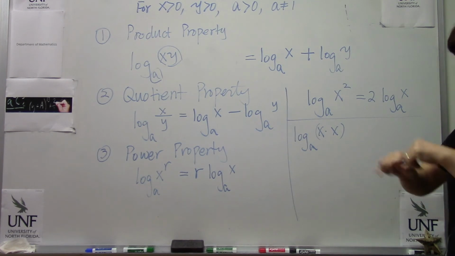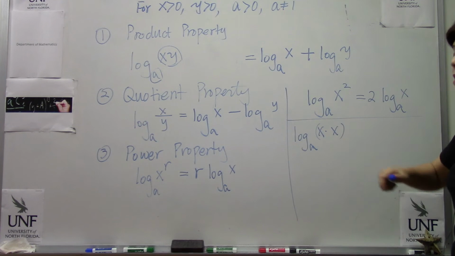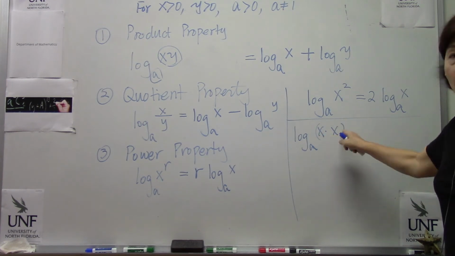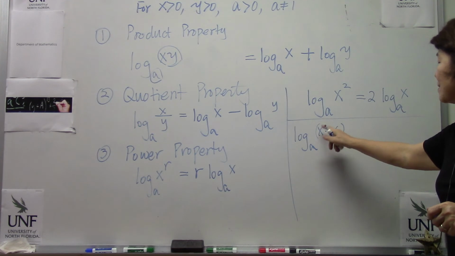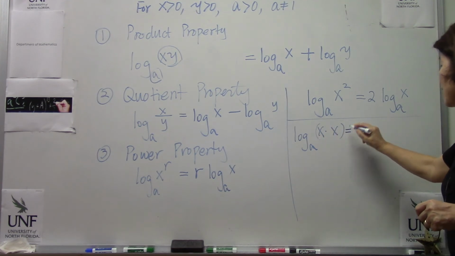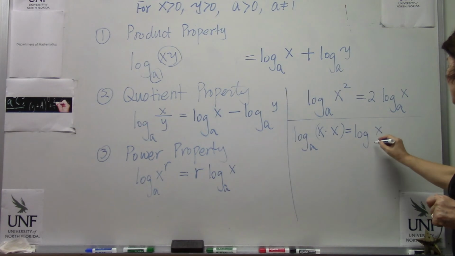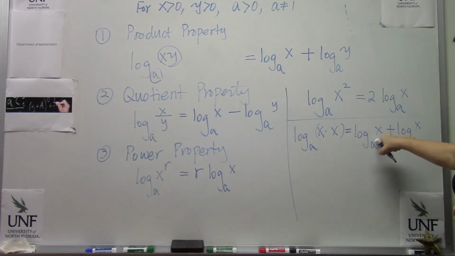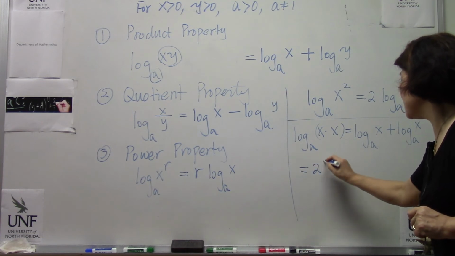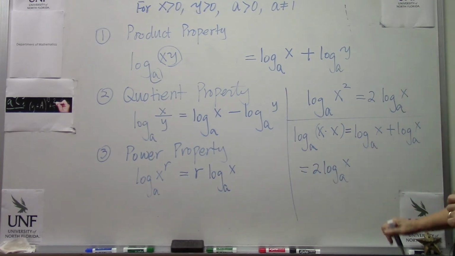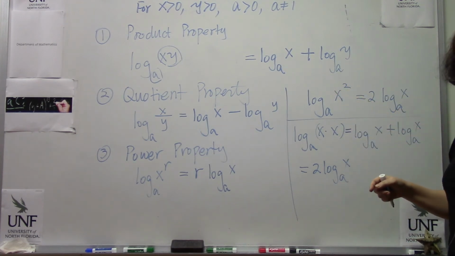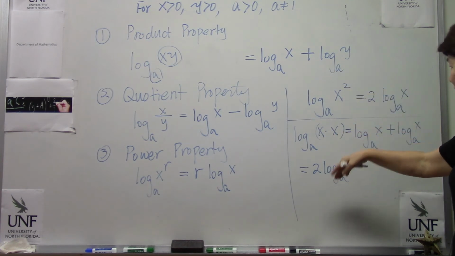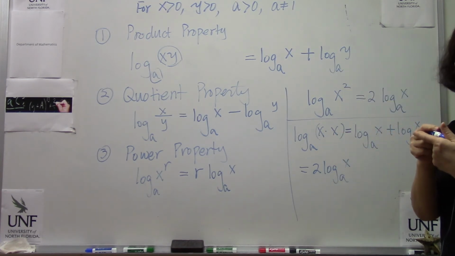However, I feel better when you have parentheses. Yes, this whole thing is the argument. So when you have x times x, what are you going to do? Yes, you can add log x to base a plus another log x to base a. Therefore, what can you say? You have the same thing 2 times, so 2 times log x to base a. We get the same result. But what do you see? This power rule is very fast, and just easier to use. All right.